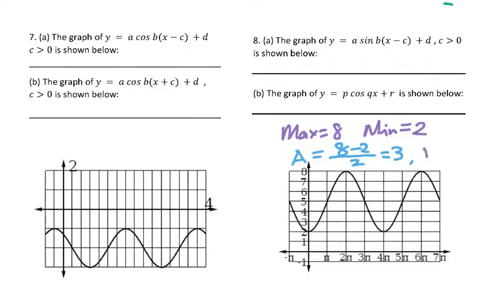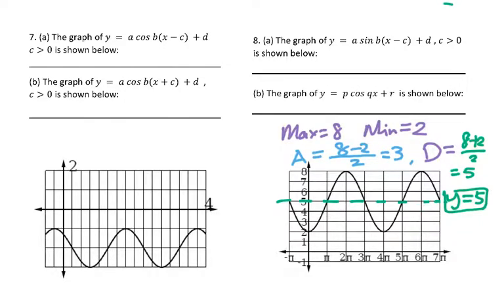And for midline, D equals 8 plus 2 over 2, that's 5. So we need to draw y equals 5. That's the midline. That will be here.